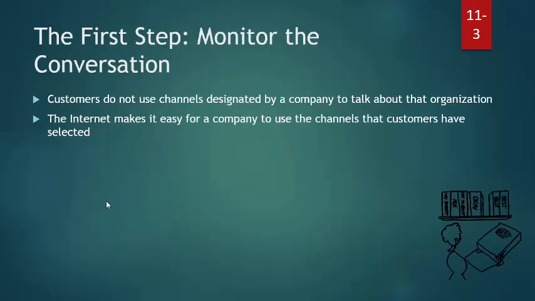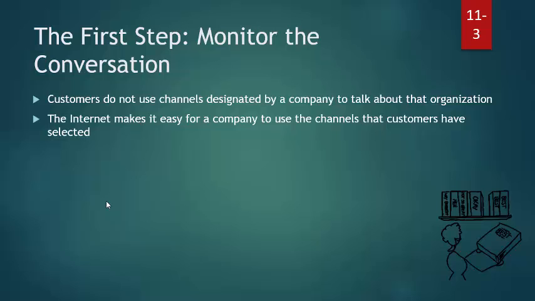So one of the first things you need to understand is that even though you've set up certain channels for your customers to use and give you feedback and provide information to other customers, they may not be using those channels in order to talk about your product or service. So it may be you have a Facebook account, you have a Twitter account, but all of a sudden there's some other kind of social media that's out there, such as Instagram or some kind of video or some kind of Snapchat, and they're using that.